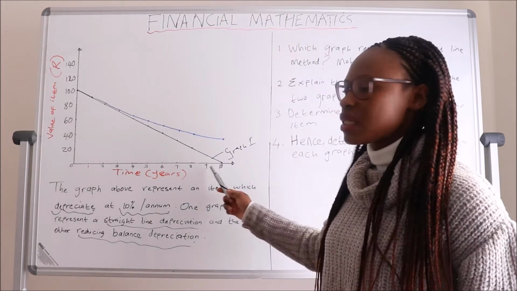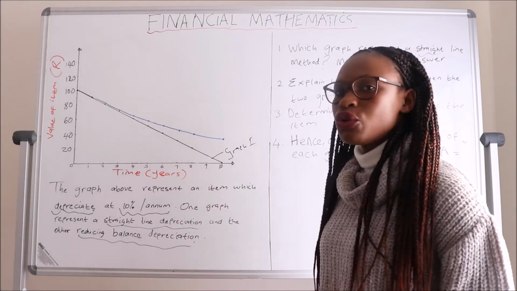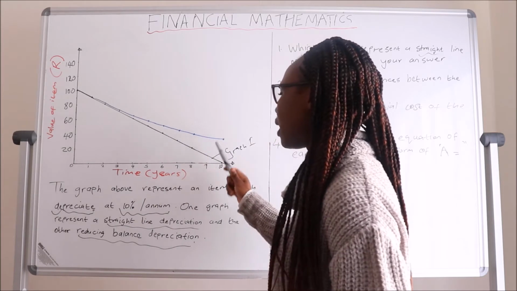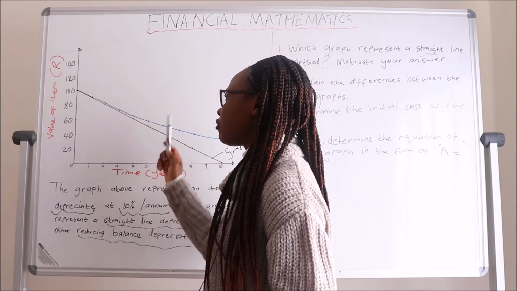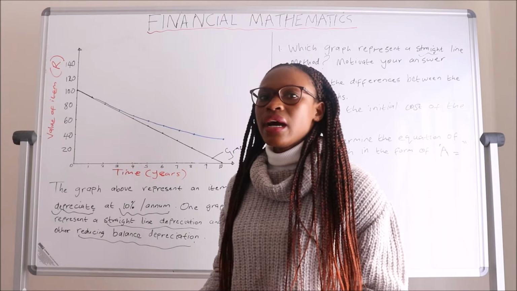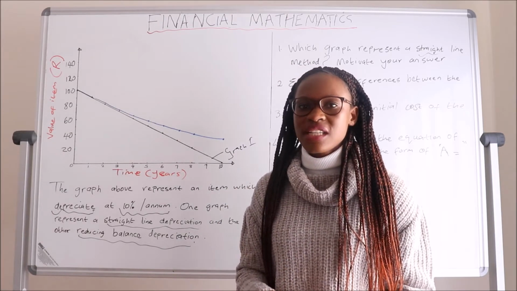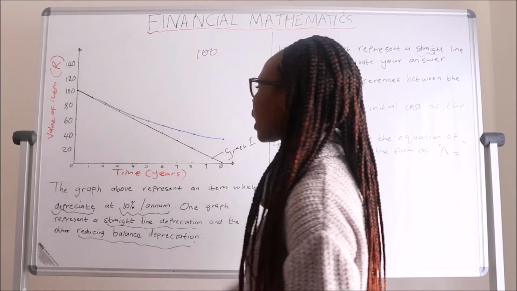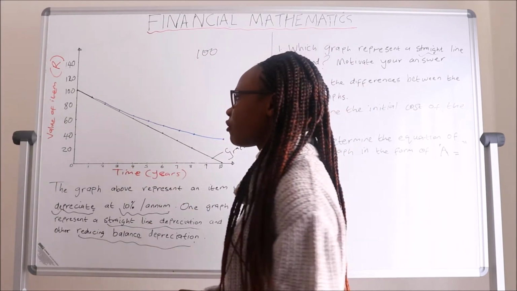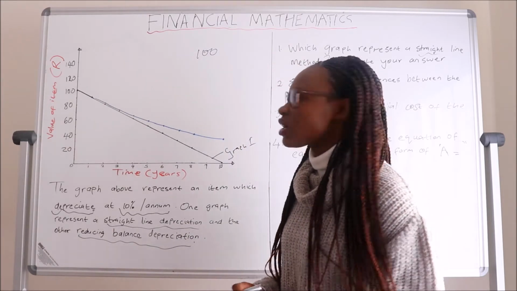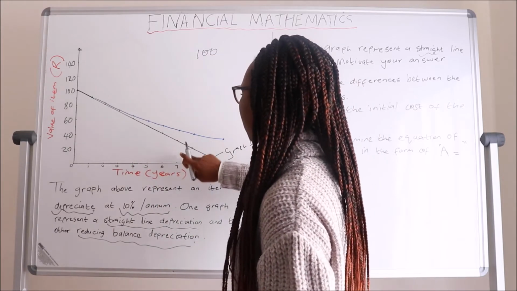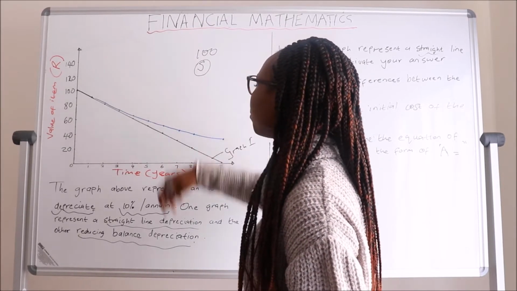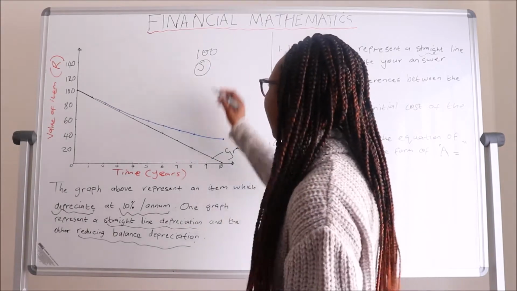Going onwards, the straight line continued depreciating with the very same amount. But for the reducing balance method, the value of depreciation is calculated according to the amount which was left from the previous year. If the first purchase was 100 rands, then for the straight line method the depreciation will be 5 rands every year; it won't change.